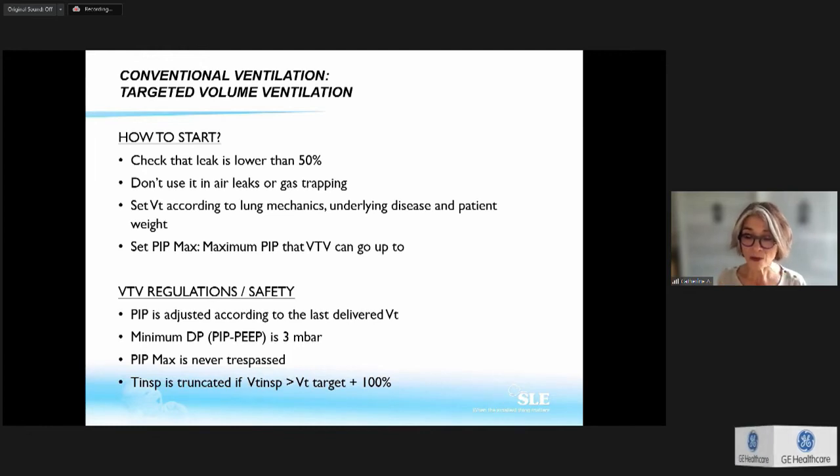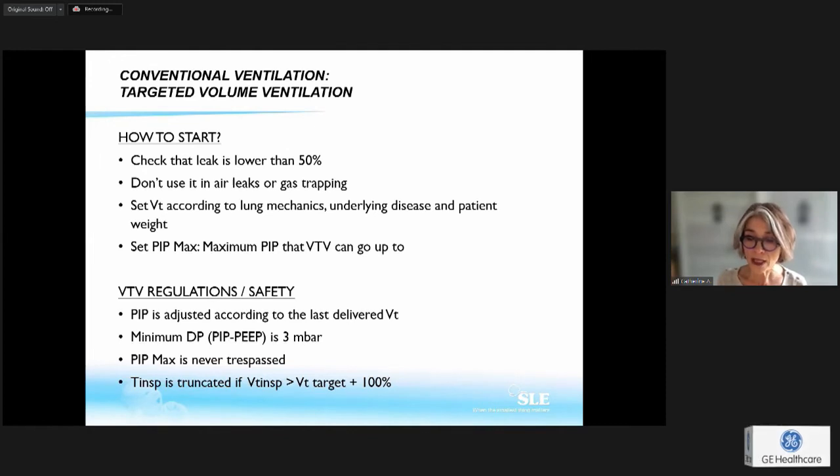Because we know that the monitoring becomes less accurate when we have very high leak. So I will minimize my leak and I wouldn't use it for leaks higher than 30%, because we know that we lose accuracy. We have some estimation and not a real reading. So don't use it with very high leaks. We should minimize the leaks when we work in conventional ventilation.